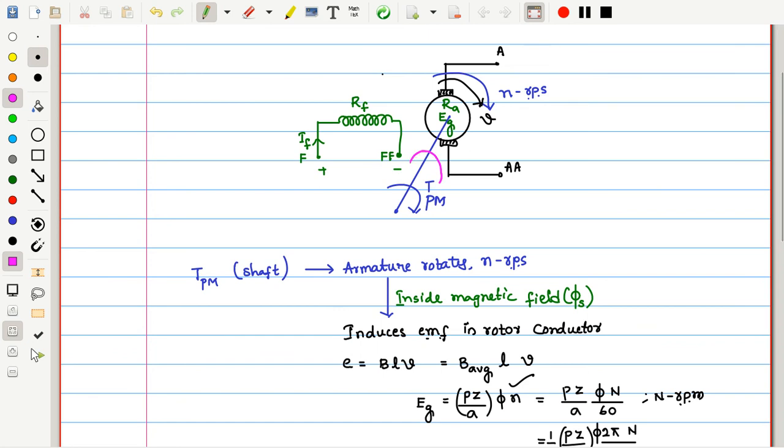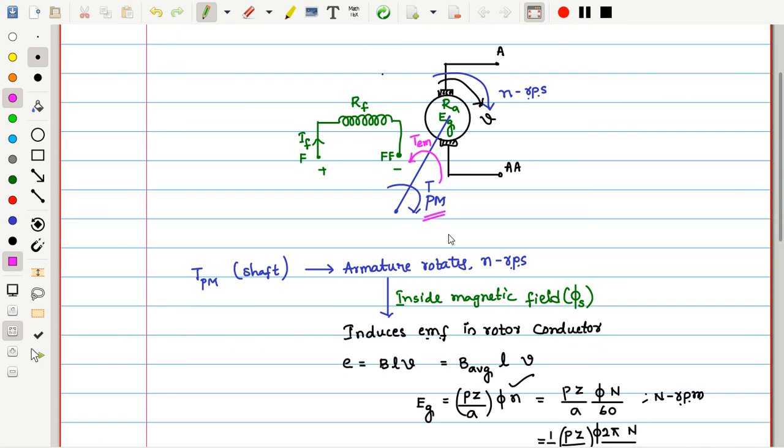Why? Because there will be an opposing torque which we call the electromagnetic torque, TEM, or simply TE. So TE is opposite to the prime mover torque. But the main torque which helps rotation of this armature clockwise is the prime mover torque.